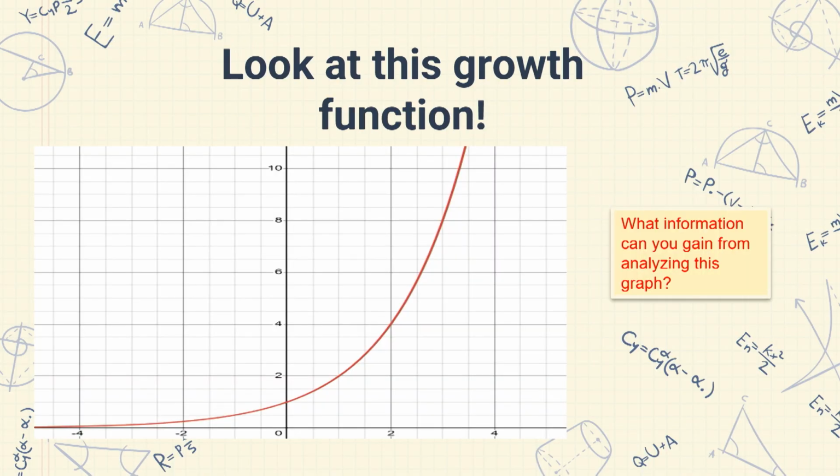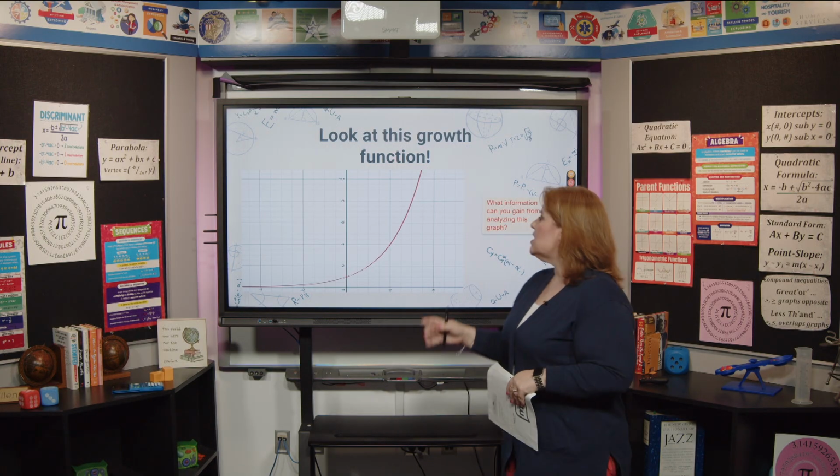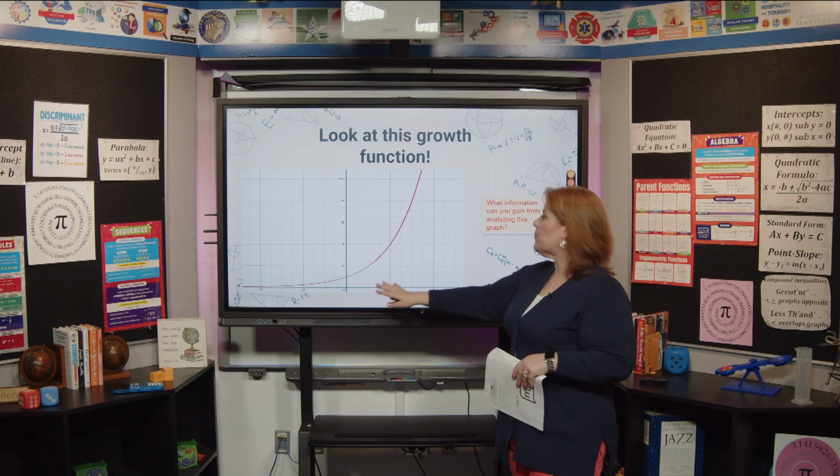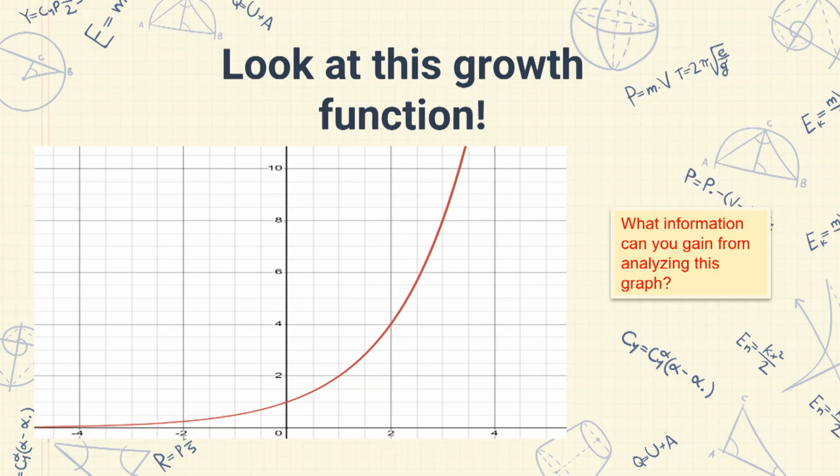Let's look at this growth function. We know it's growth because it is increasing. And we're going to say that this is our parent function. Now, when we talk about parent, parent is the beginning of something. So when you have a parent function, this is the complete beginning of this function. It says, what information can you gain by analyzing this graph?